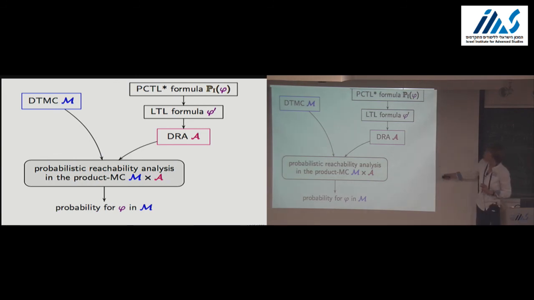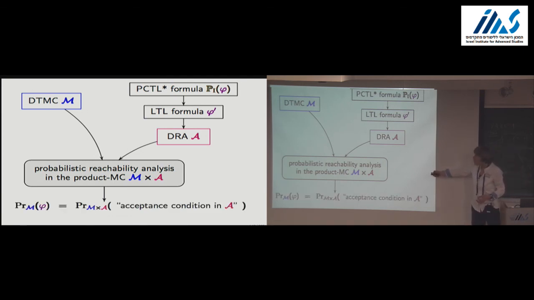Then the idea is to glue them together, the Markov chain and A, and then we get, again, a new Markov chain. The reason why we deal here with a deterministic automaton is that you can think of this product as a parallel composition. If A is deterministic, then this just means we refine the information about the Markov chain, we add some information, but we do not influence any choices, and we can simply lift all the probabilities from the Markov chain to the product.